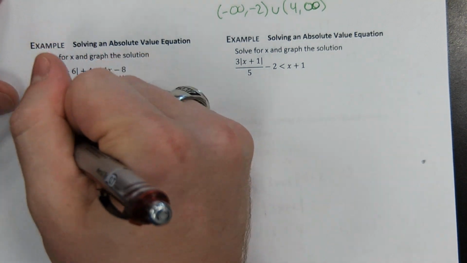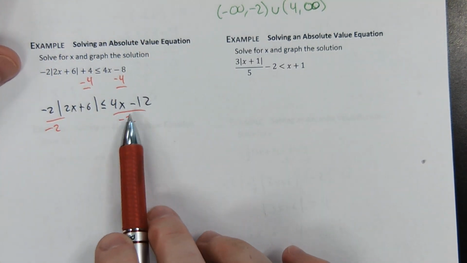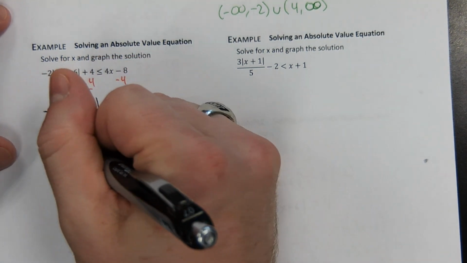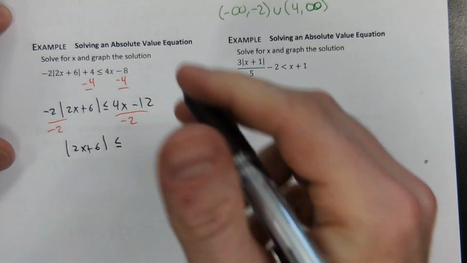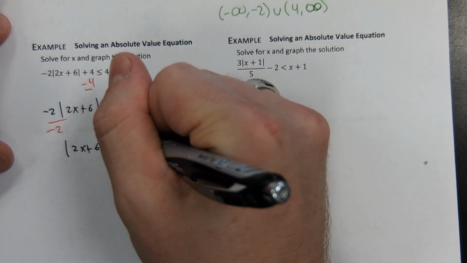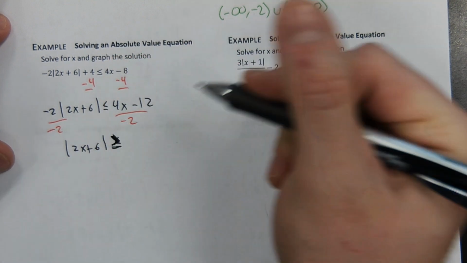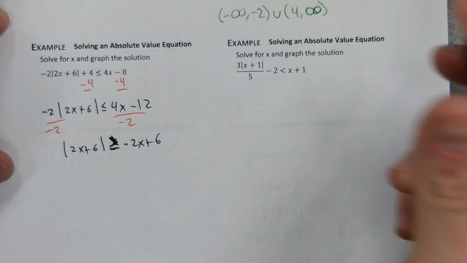Divide by -2 on both sides. Luckily, these are both even numbers, so I can divide and get something pretty. That gets me the absolute value of 2x plus 6, less than or equal, look what I did. I said greater than or equal to, that's what I said, greater than or equal to -2x plus 6.